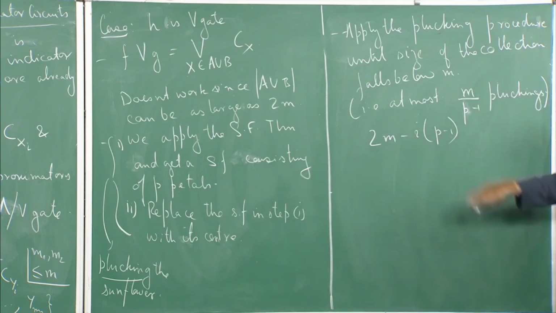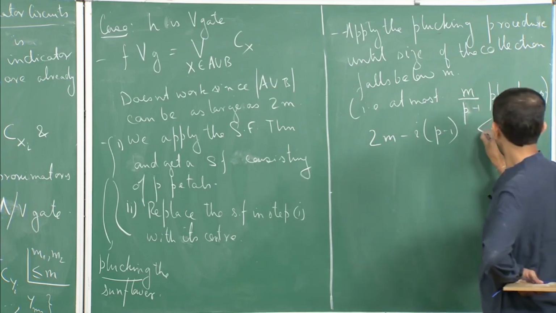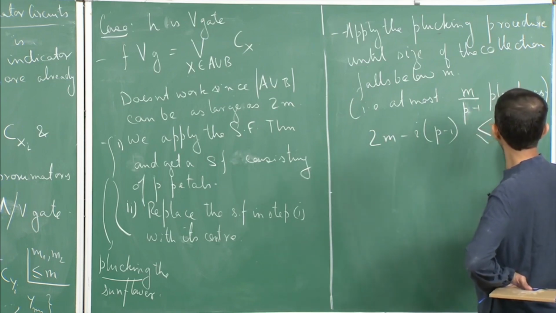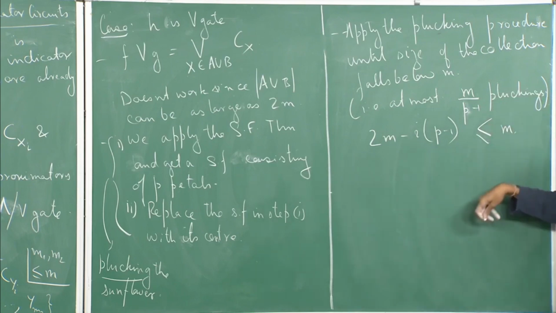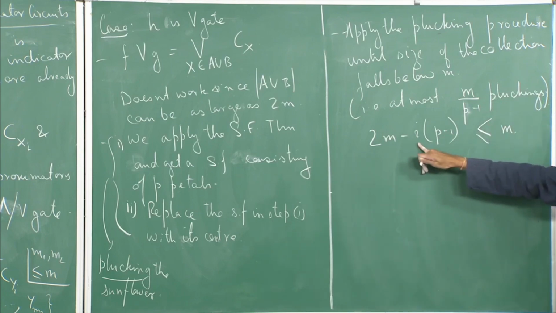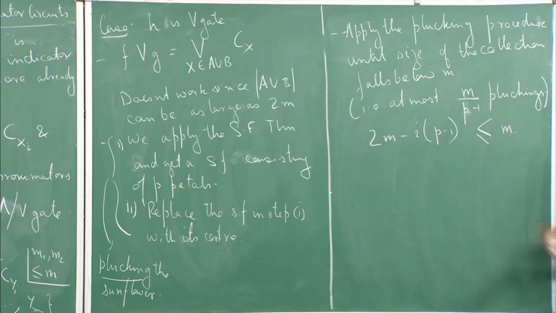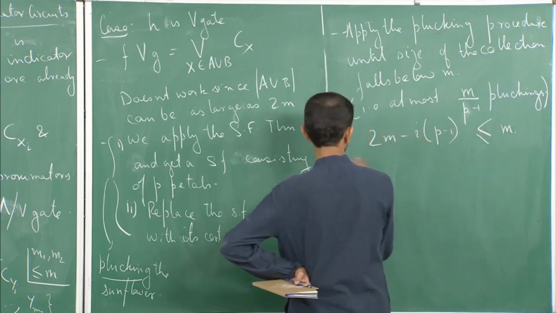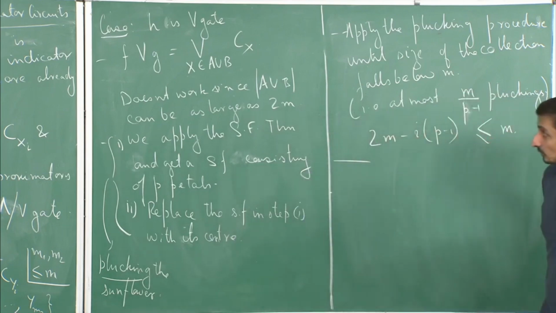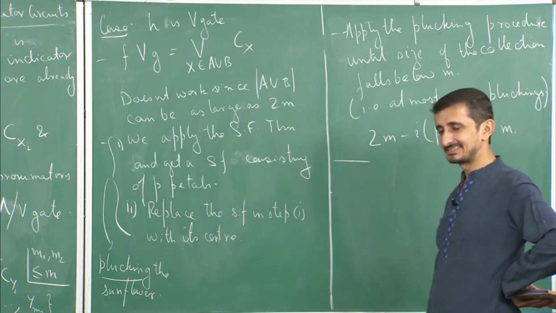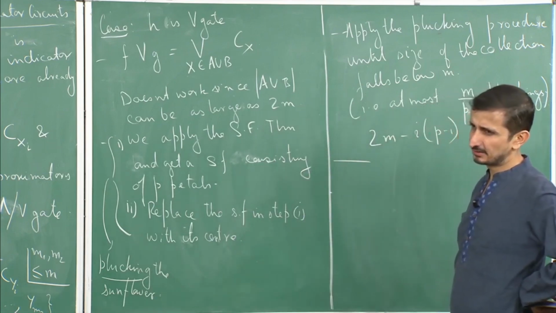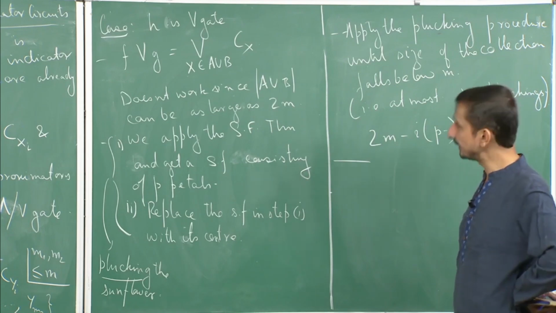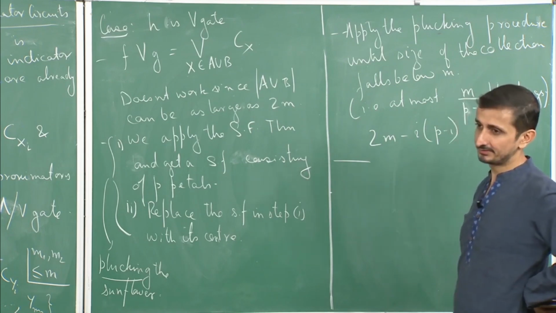Now, I want it to come below m. If you solve this equation, you will get that if you choose i to be m by p minus 1, then this works. It will affect it, that is why it is called approximator.